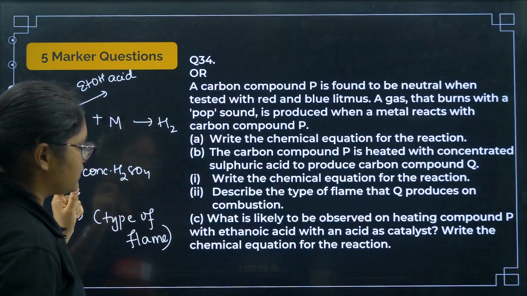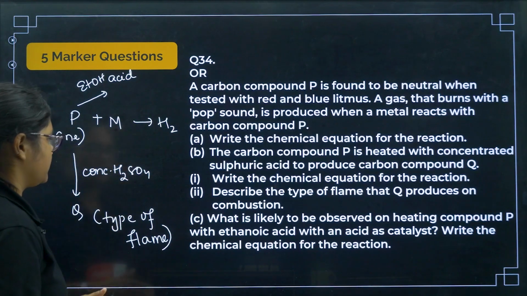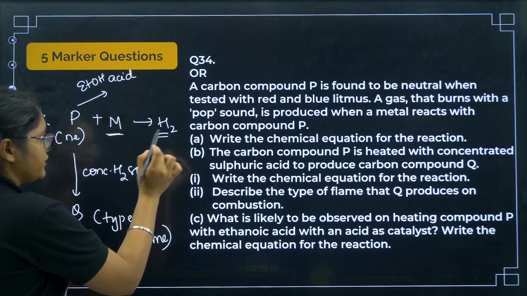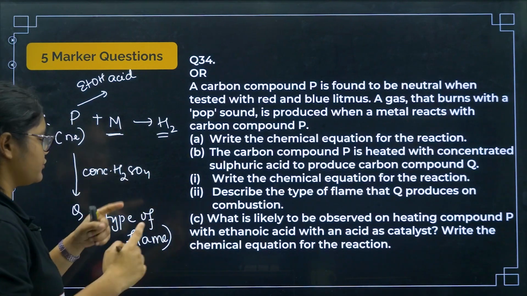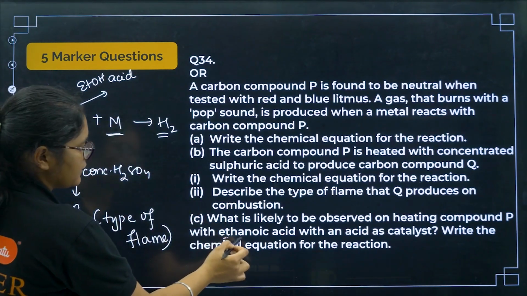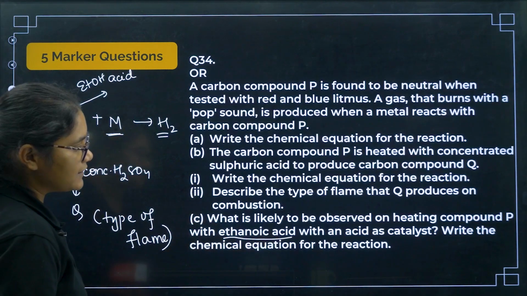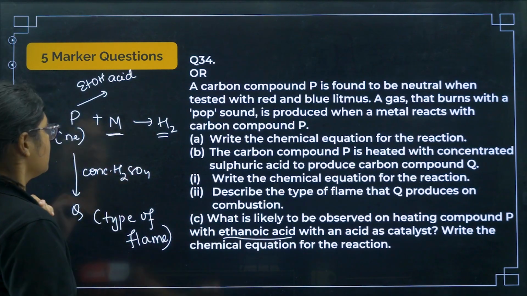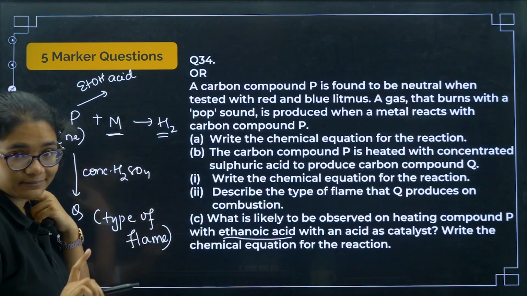Next, write the chemical equation for the reaction. First of all, metal is here, hydrogen gas is produced. Till now I was not able to think what it will be, but once it is said that it is reacting with ethanoic acid with an acid as a catalyst, it is clear.